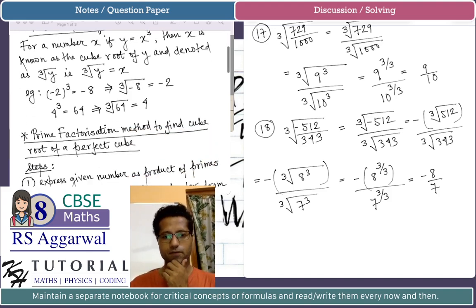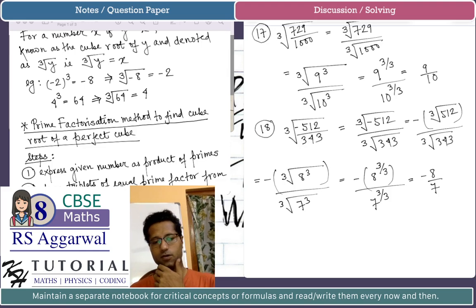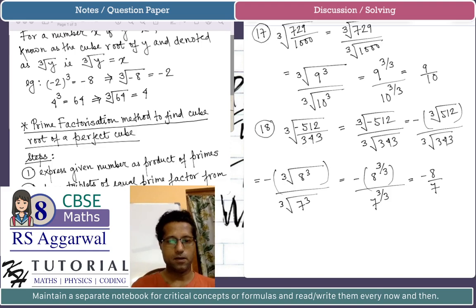And we saw the prime factorization method to find the cube root of a perfect cube. That is, what is a perfect cube? A perfect cube is a natural number y such that there exists another natural number x whose cube is y, that is x cube is equal to y.